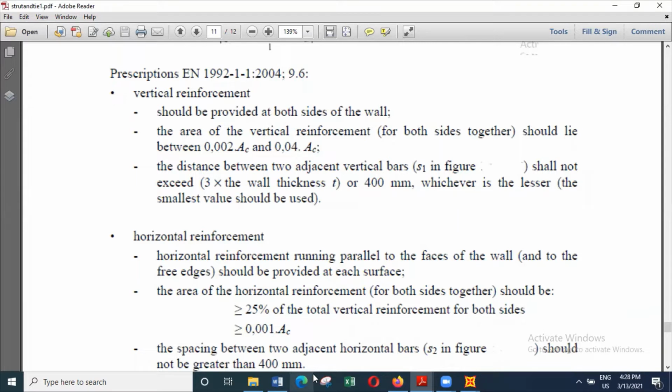To take account of that effect, you have to provide some additional bottom reinforcement in the wall at ground floor level. In addition to that, you can provide the normal wall reinforcement as well.